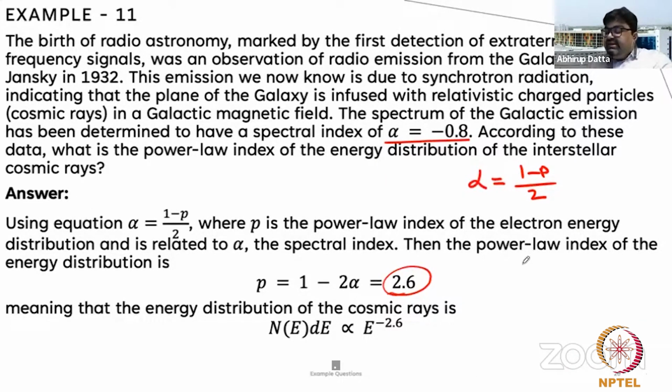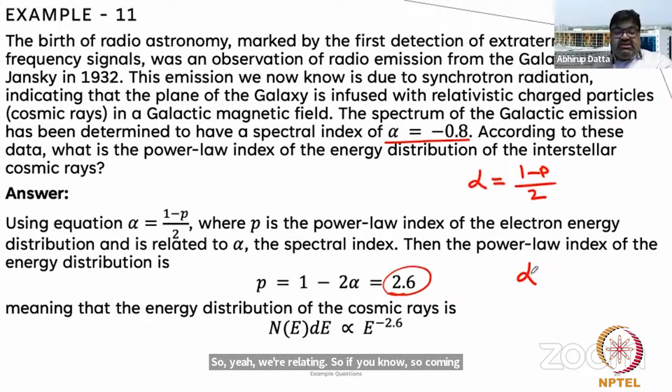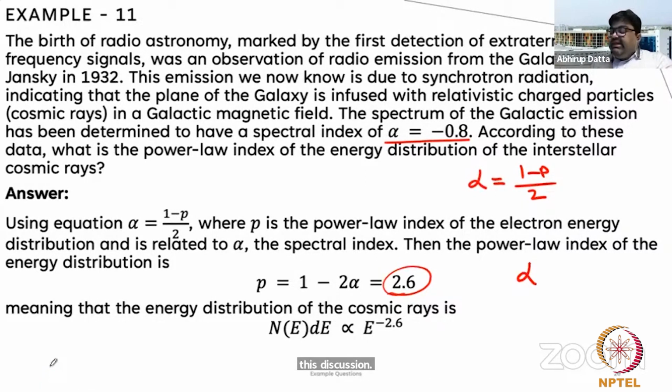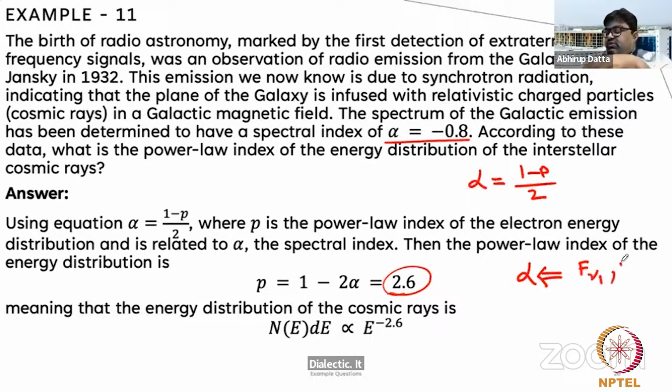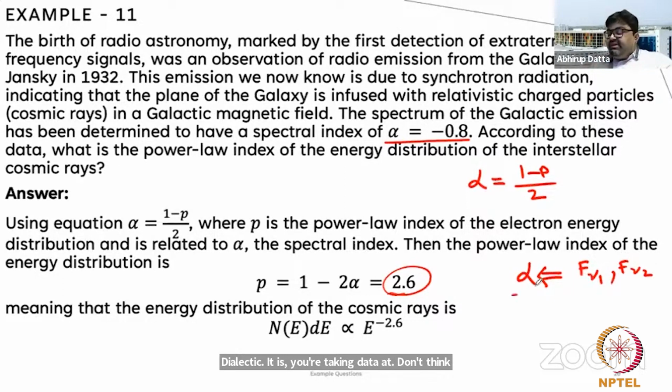So here we're relating, coming from the previous example, alpha comes from the observations of the same source at two given frequencies, whether it's a radio galaxy or galactic synchrotron emission. If you're taking data at two frequencies, that can give you the spectral index.